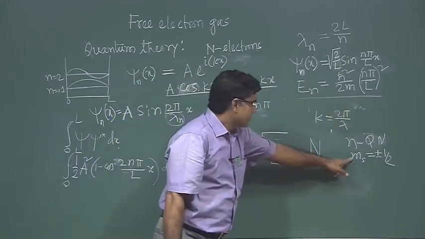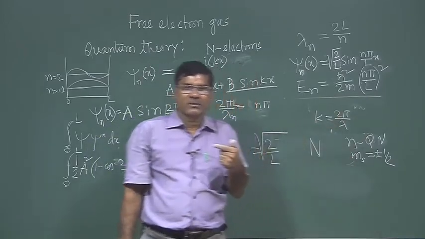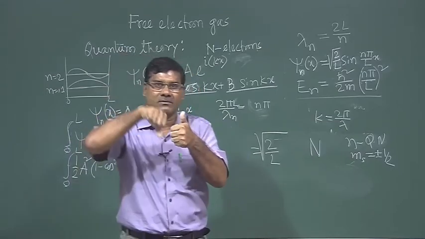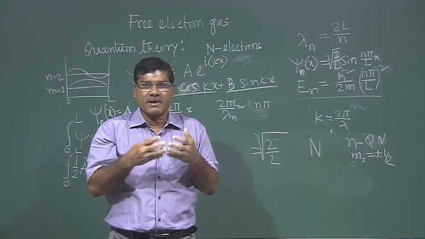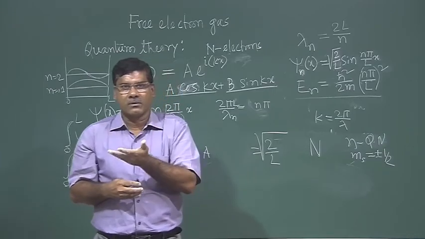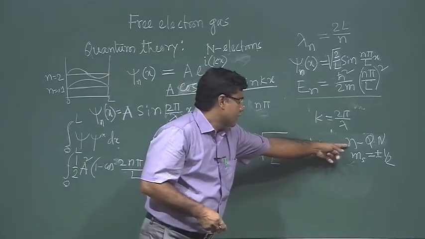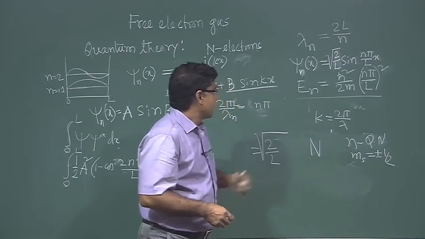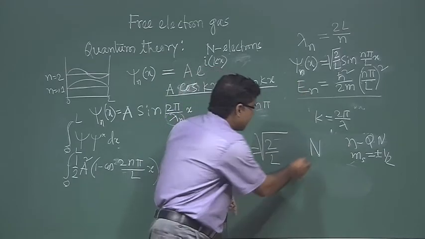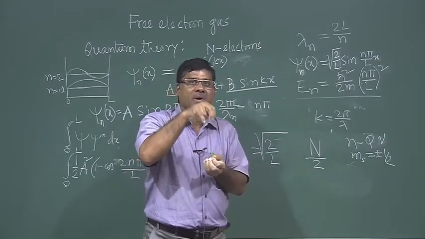So, for each orbital, for each value of n, we can put two electrons, one up and one down. This Pauli exclusion principle is valid for atoms, for molecules and for solids also. So, as I told, I need N orbitals, but now I basically need N by 2 orbitals to put all N electrons there.